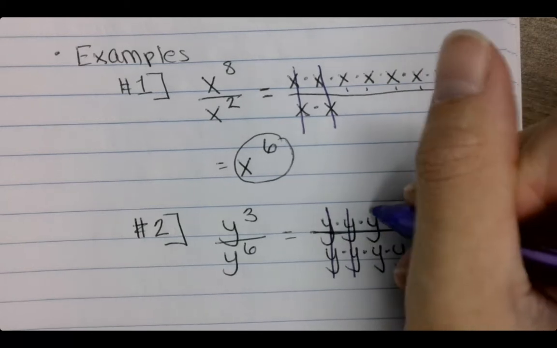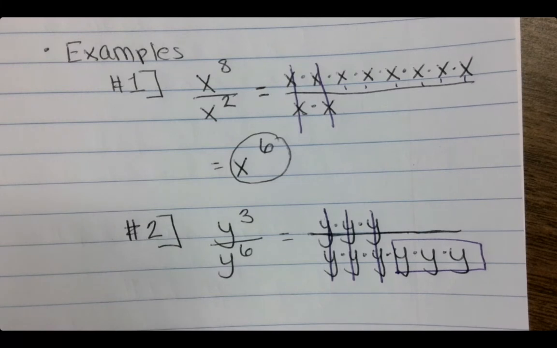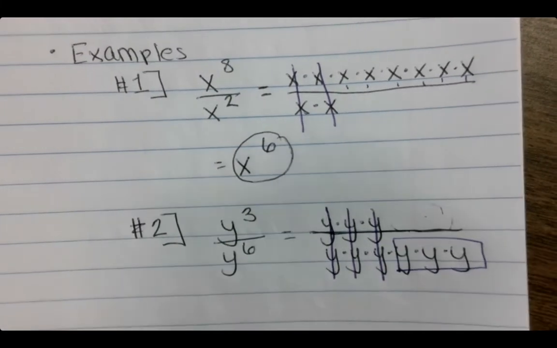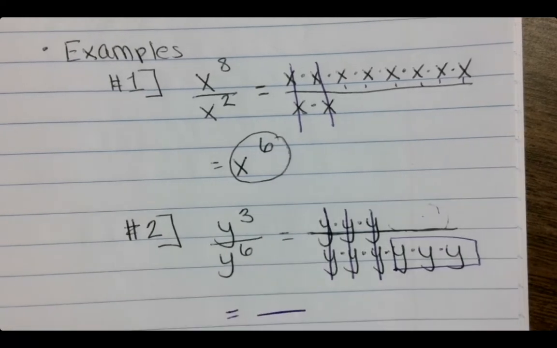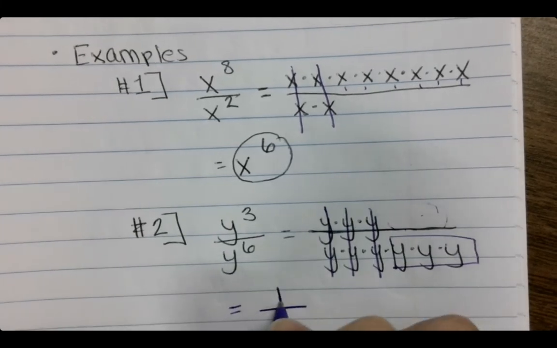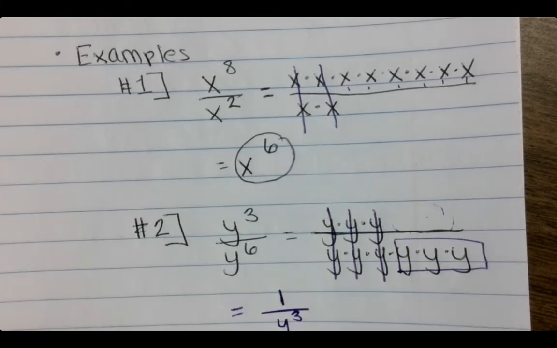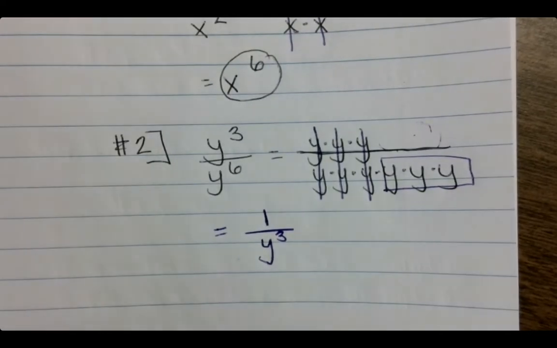That's a pair. That's a pair. That's a pair. This time they're left in the bottom. So what number do you think I need to put on top in my answer? A 1. Good. So on the top, I would have 1. And on the bottom, I would still keep my y to the 3rd.